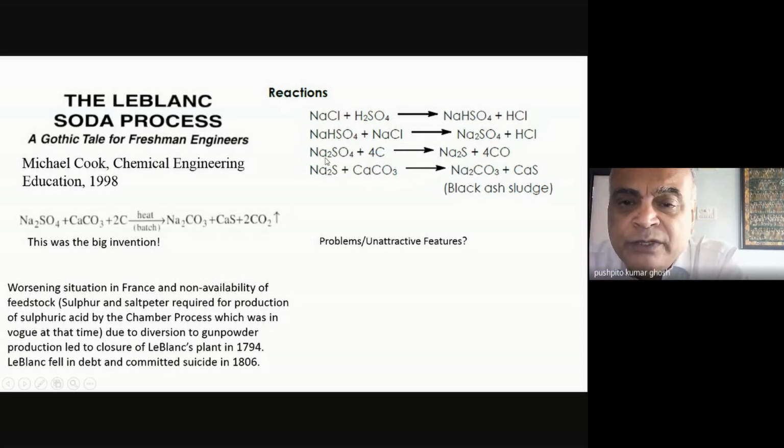He found that the sodium sulfate is reduced by the carbon to sodium sulfide, and it releases carbon monoxide, CO. And later on, the sodium sulfide reacts with calcium carbonate and forms sodium carbonate, and instead of getting calcium sulfate, which he might have expected, he ended up with calcium sulfide.